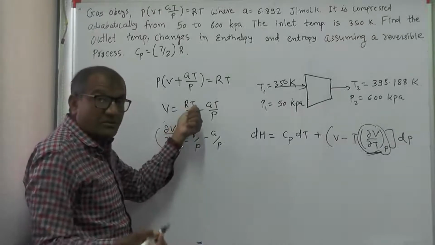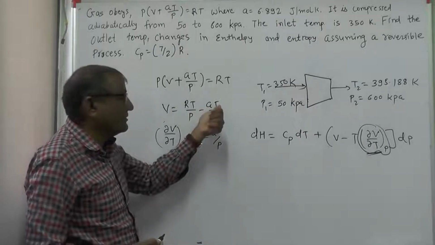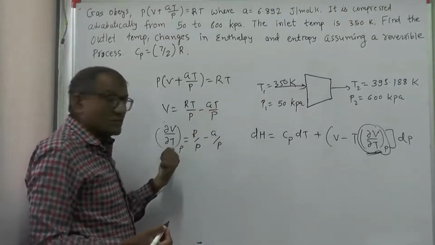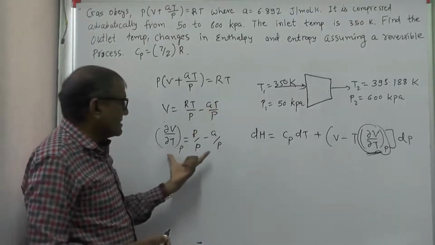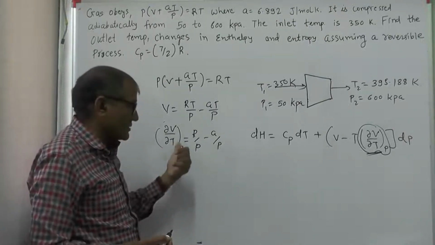The derivative of T is 1. Here also A upon P is constant. Derivative of T with respect to temperature is 1. This is the value of del V over del T at constant pressure.